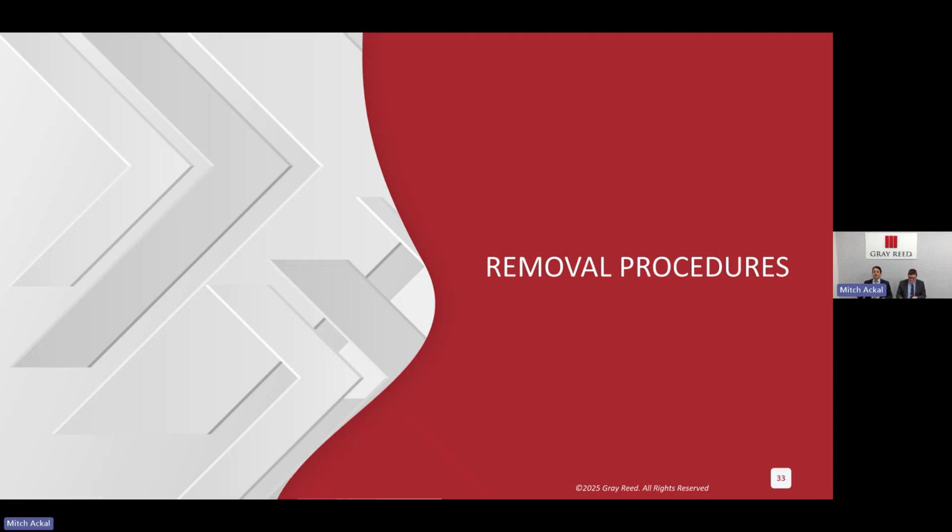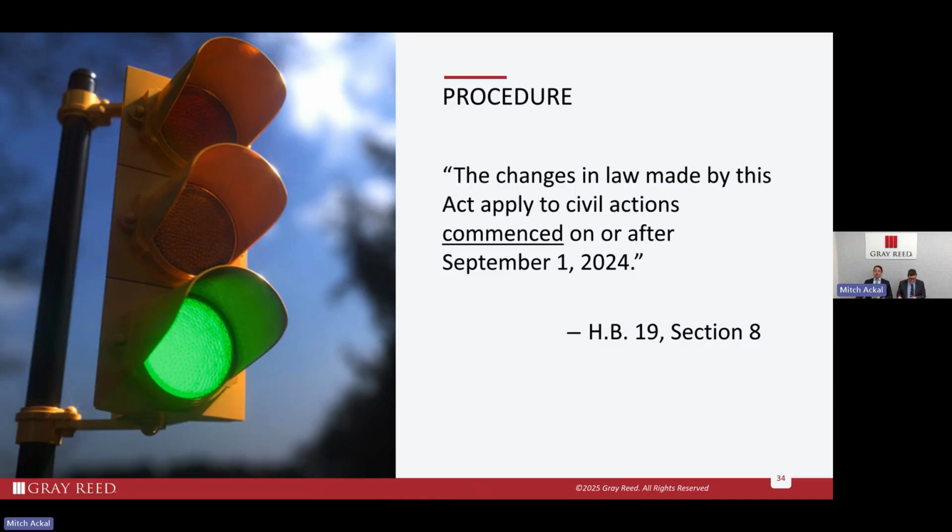So with that, we have the ability to remove cases from the district court. The first thing that's happened is we've already had cases that have been removed to the business court that were commenced before September 1st. Well, House Bill 19, which is the bill that ushered in the new court, specifically says that the act applies only to civil actions commenced on or after September the 1st.